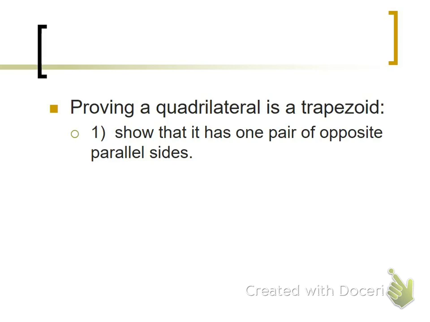You can do that usually using your consecutive interior angles. Consecutive interior angles should be what if lines are parallel? Not congruent. Supplementary. So consecutive interior angles would be supplementary, or they could just be marked with the little parallel triangles.